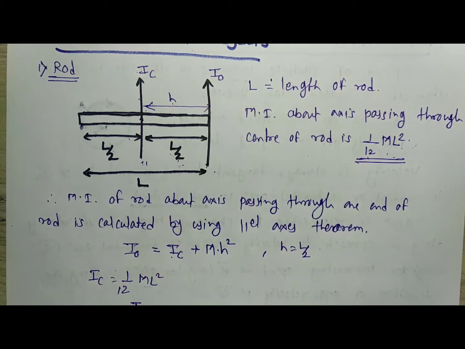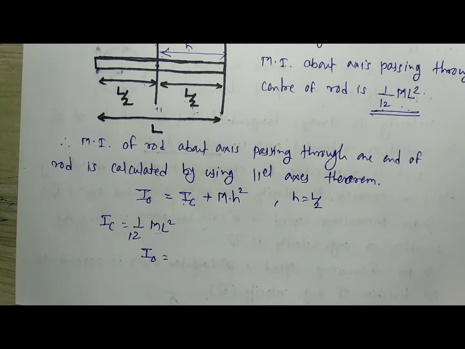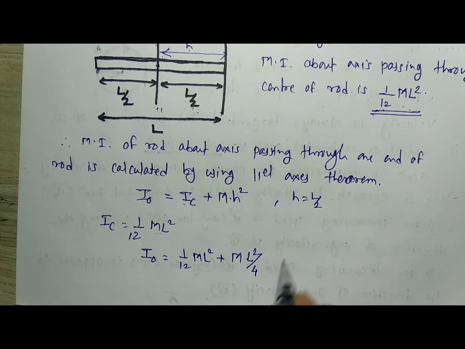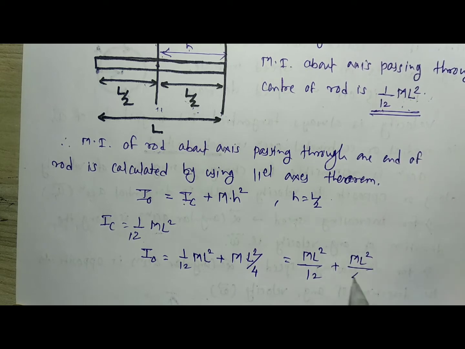That means moment of inertia about axis passing through one end, I_O is equal to 1 divided by 12 ML square plus M into h square, h is L divided by 2, therefore L square divided by 4, and therefore ML square divided by 12 plus ML square divided by 4.